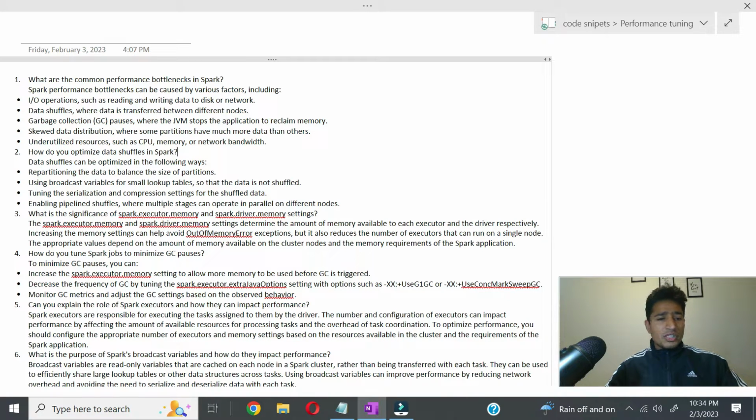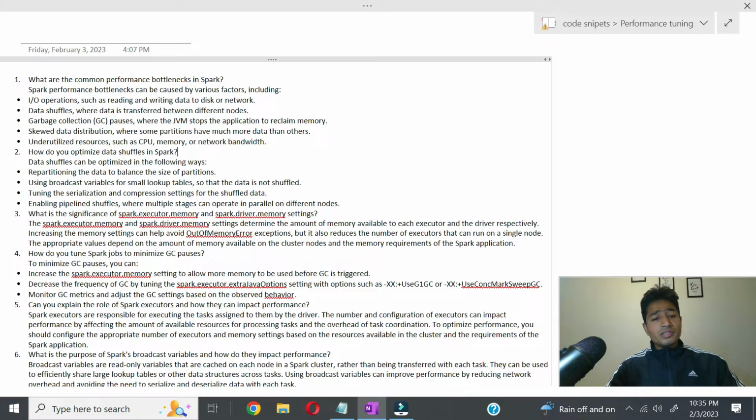So the first question can be, what are the common performance bottlenecks in Spark? Bottlenecks can be caused by various factors, including input-output operations such as reading and writing data to disk or network, data shuffles where data is transferred between the nodes, garbage collection where the JVM stops the application to reclaim memory, skewed data distribution where some partitions have more data than others.